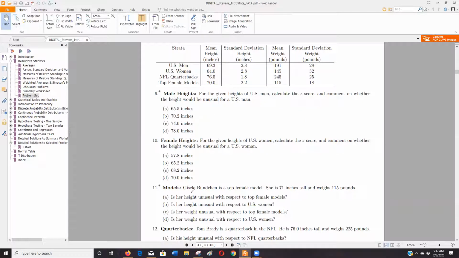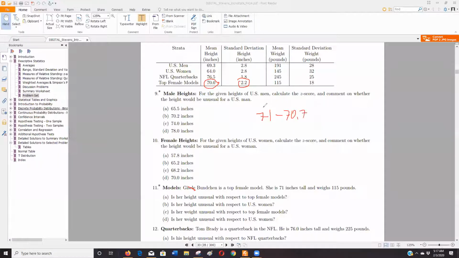So we've got Tom Brady's wife, I don't know, Giselle, is that how you say her name? She's 71 inches tall, and is she unusual with respect to the top models? Well, let's go up to this table, and here's the mean for the top models, and here's the standard deviation. She is 71 inches tall, minus 70.7.